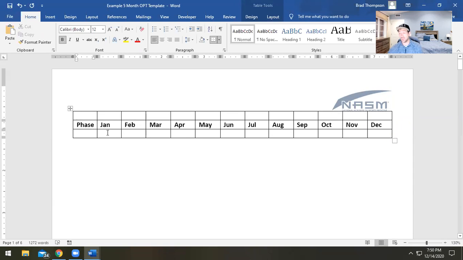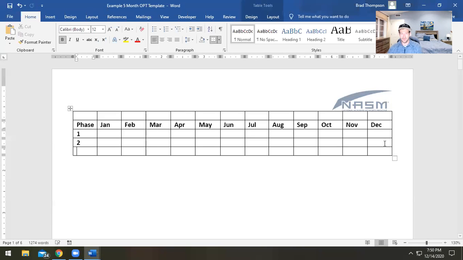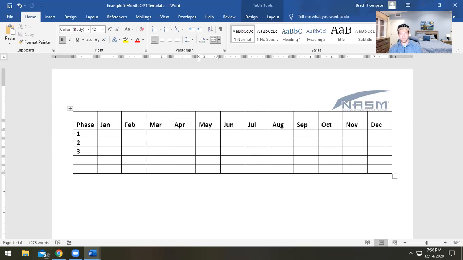And what this is going to look like in this version. And honestly, I don't even think this is a very good way to do things because you're not really focused on anything, but we got phase 1, 2, 3, 4, 5. And that's what our client's routine looks like.